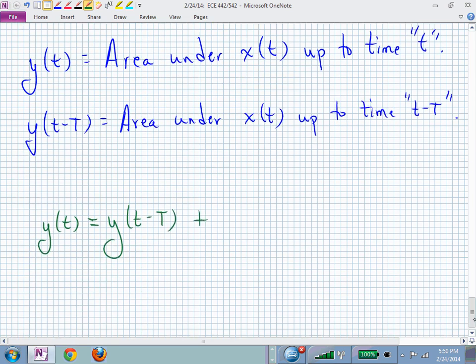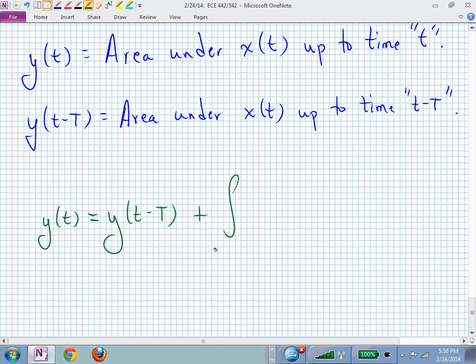And we can write that or represent that as this integral from t minus capital T to t of x of tau d tau. If somebody gives us the area under that x of t curve at time t minus capital T, we'll call that y of t minus capital T. To get the next y of t, all we have to do is add in the small sliver or that additional piece underneath the x of t curve between t minus capital T and little t.